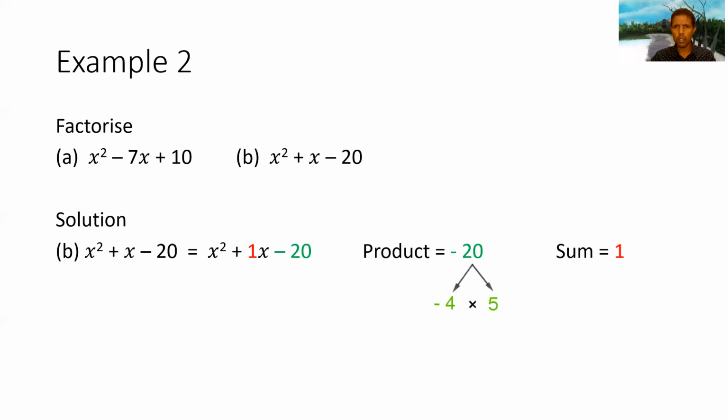We know that negative 4 times 5 gives negative 20 and negative 4 plus 5 is 1. Therefore, the factors are negative 4 and 5. So when we factorize x squared plus x minus 20, we obtain (x minus 4) into (x plus 5).